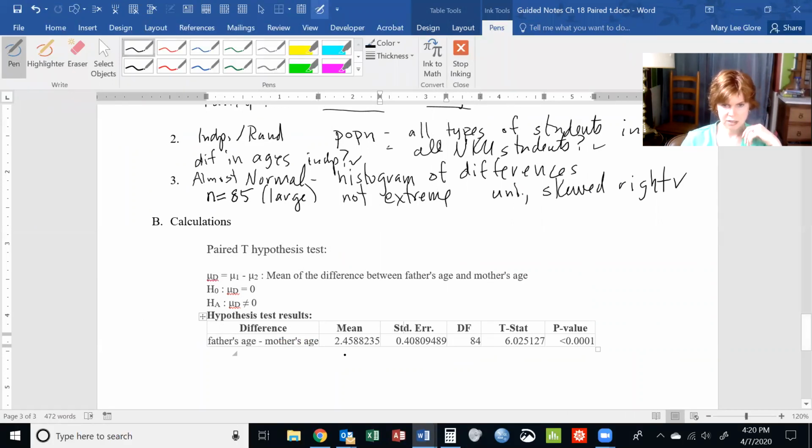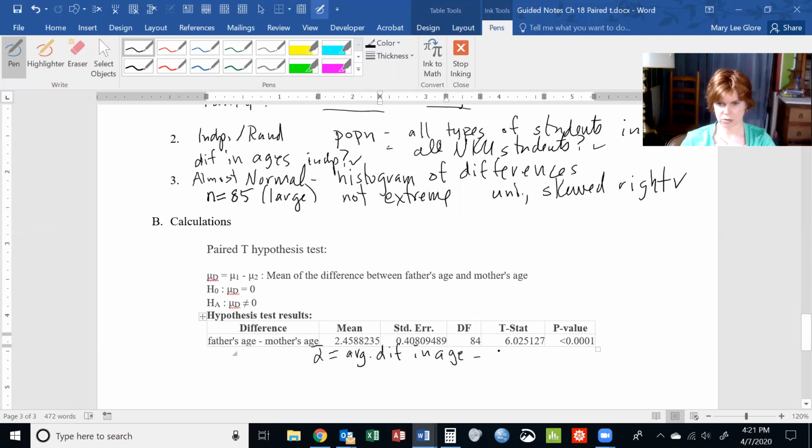this mean, again, this is D bar. This is the mean difference. All right, so this is the difference in age. This is the average difference in age, or the mean difference in age. And since it's fathers minus mothers, this is how much fathers are older than mothers on average.